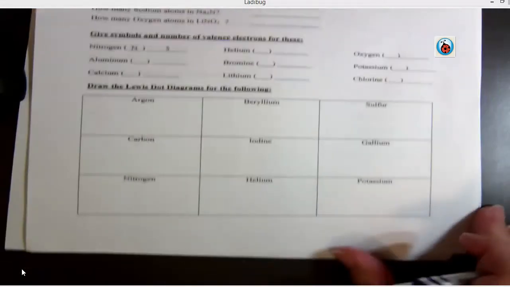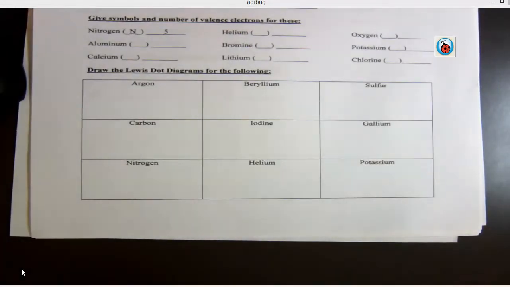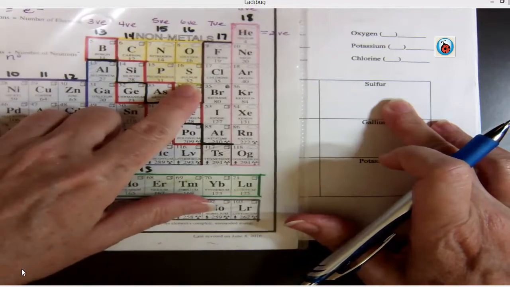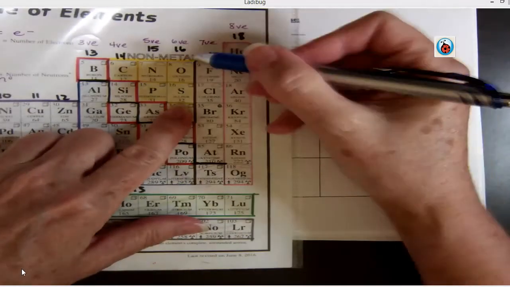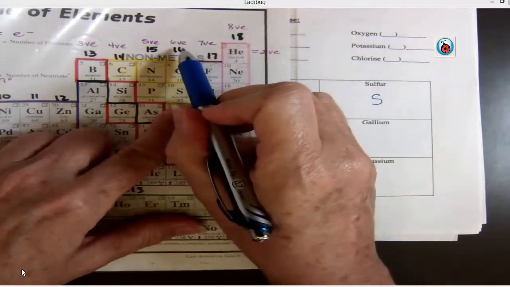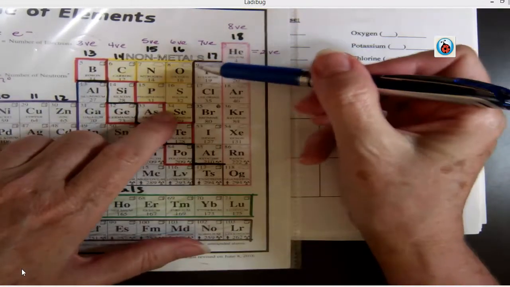Lewis dot diagrams, what are those? That is when you write down the element symbol with its number of valence electrons. Okay, so let's just pick one out here. Here's sulfur. I find sulfur, he's in what? Group 16. So I write his element symbol. How many valence electrons does he have? Everything in group 16 has 6.